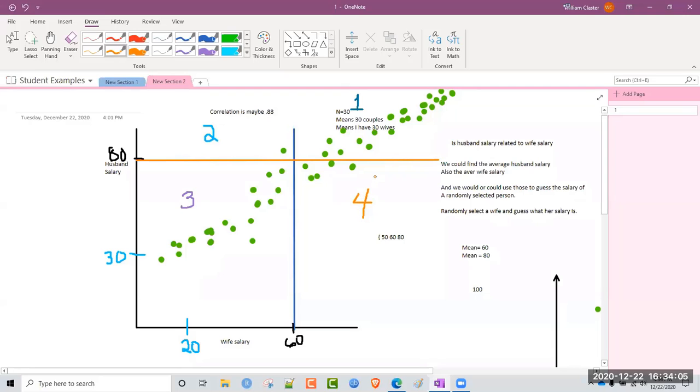Now we can make some observations about the dots in quadrant 1, quadrant 2, quadrant 3, and quadrant 4. But first of all, we need a formula.